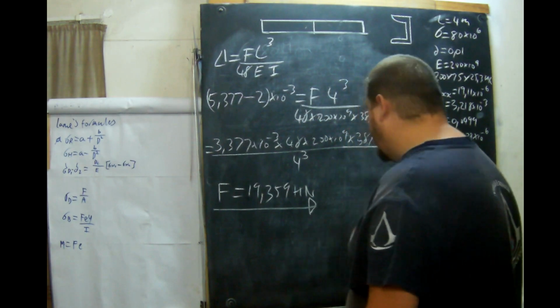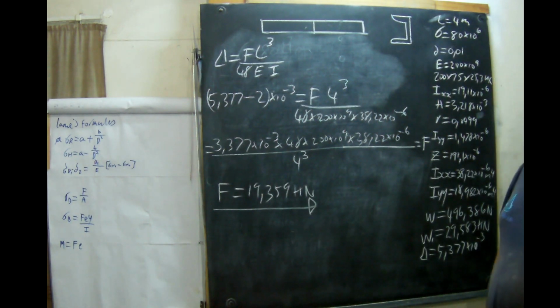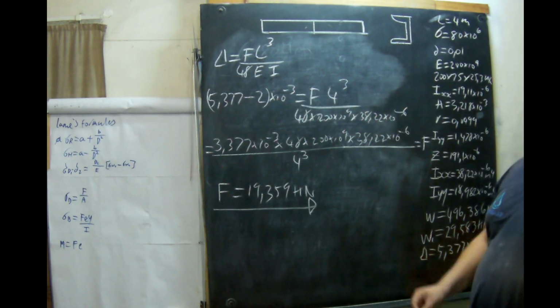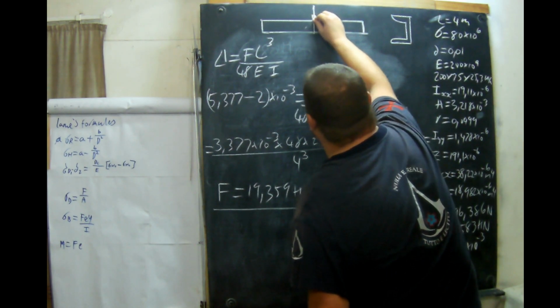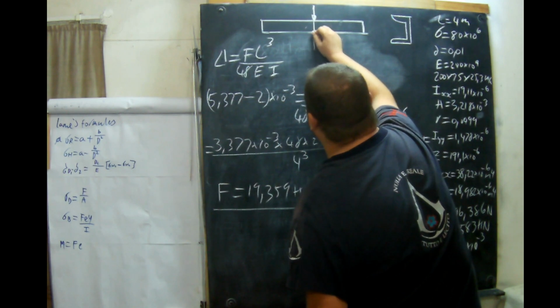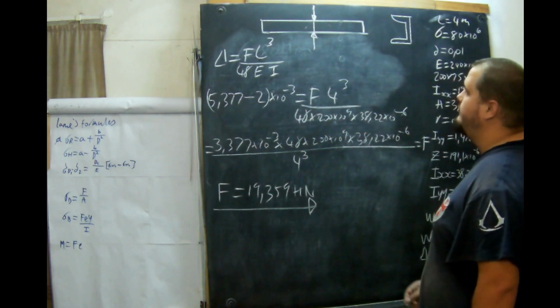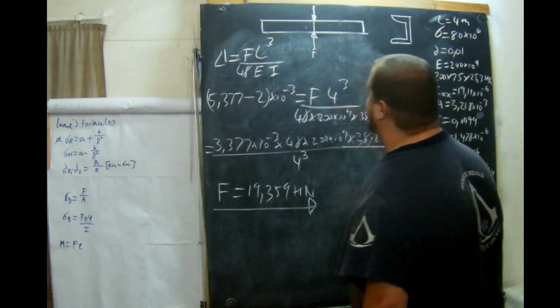And that is the force on the prop. So whatever force is dragging it down over here, 19 is dragging it back up. So this is F.